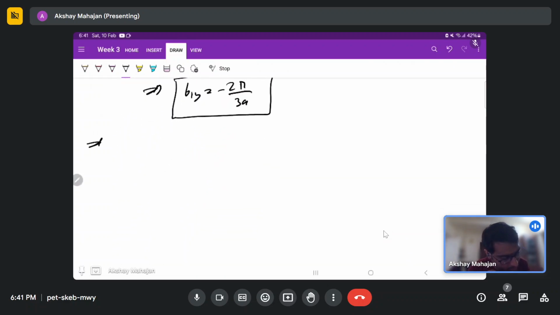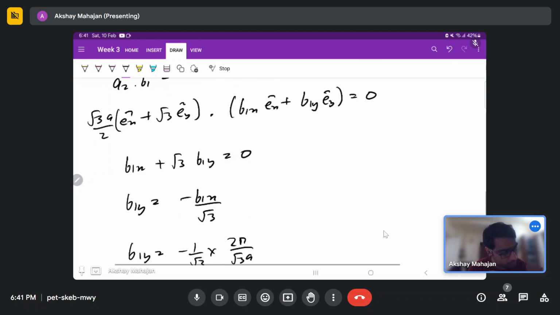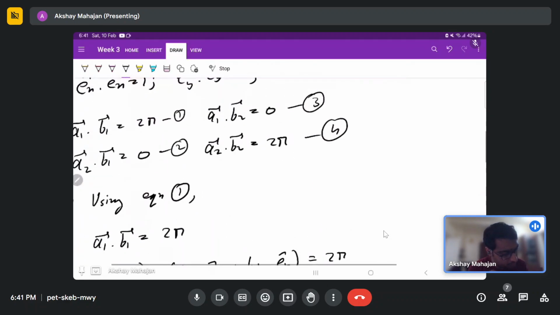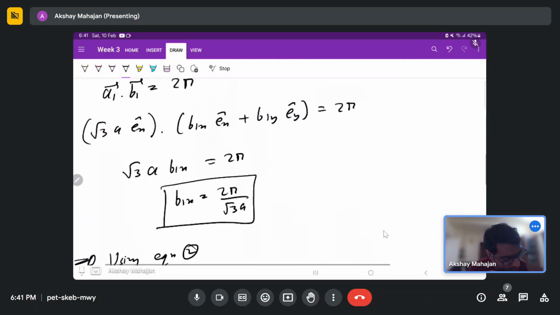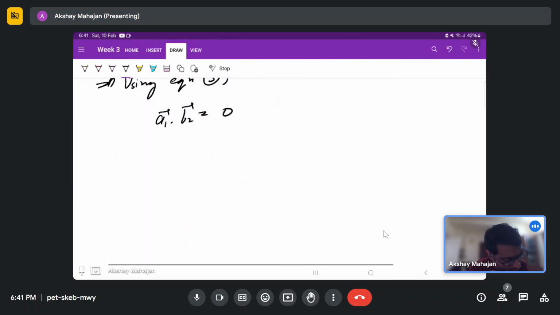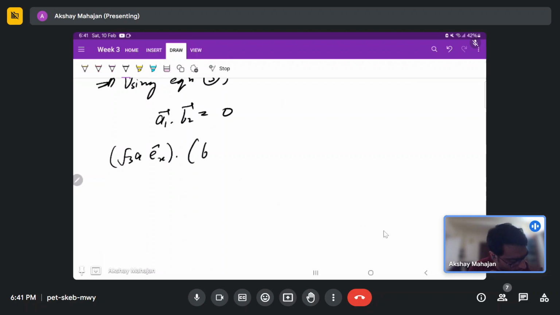Okay, similarly we can find using equation number 3. Alright, so equation a1 vector dot b2 vector equals 0. Same thing we have to do, and our a1 vector is root 3a times ex cap, take the dot product with b2x ex cap plus b2y ey cap equals 0.